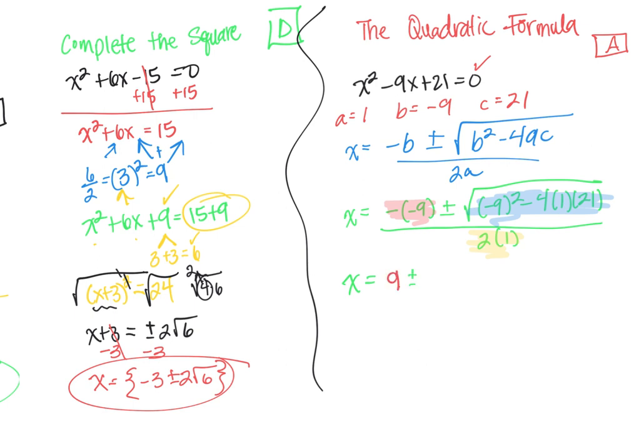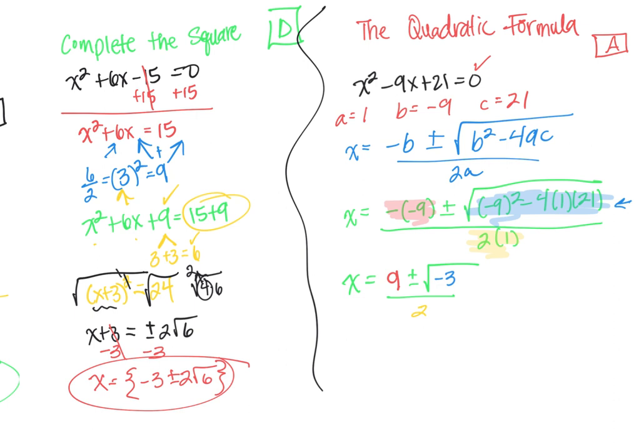And then we have plus or minus the square root of -9 in parentheses squared minus 4 times 1 times 21. Well, that's going to come out to be -3. And that shouldn't be a surprise, because b squared minus 4ac is what's underneath the radical, which was the discriminant we found in step 1. So it all goes together. Hopefully you're picking up on that. All over 2 times 1 is 2.